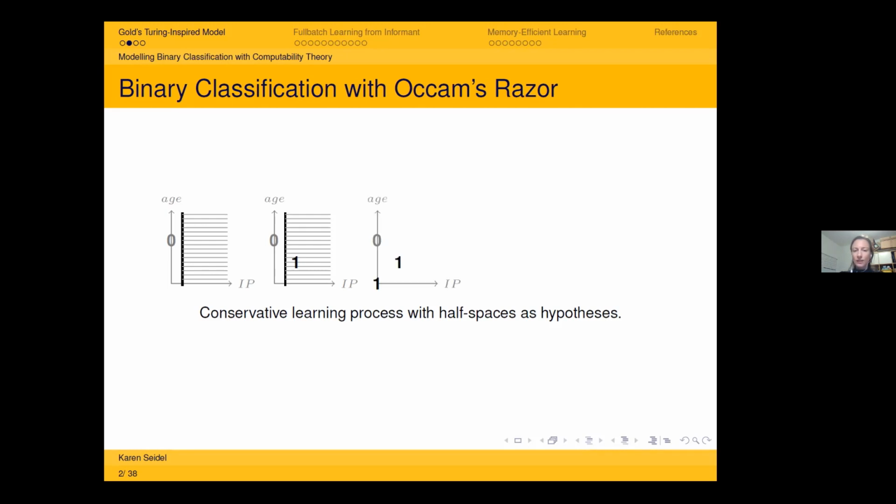It goes on until it sees a third email, which is also labeled as spam, but would not have been labeled this way by the classifier that was suggested in the second stage. So it changes the classifier that it outputs, for example, to this one, and this goes on and on.